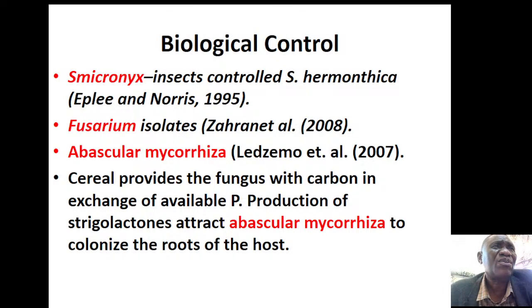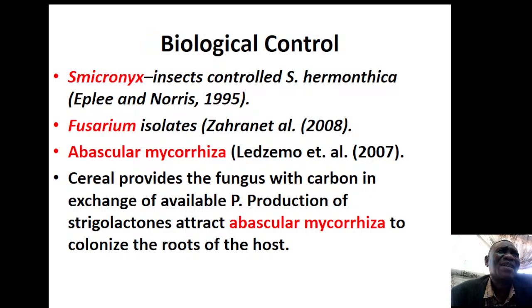Biological control. In West Africa, they've used the Smicronyx. It's an insect which can damage Striga hermonthica. We haven't tried it in Zimbabwe. Fusarium isolates were also found to control Striga. Then arbuscular mycorrhiza.